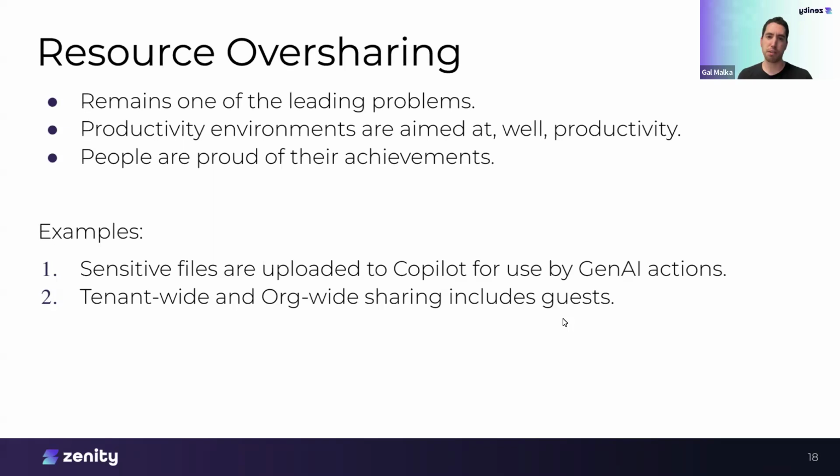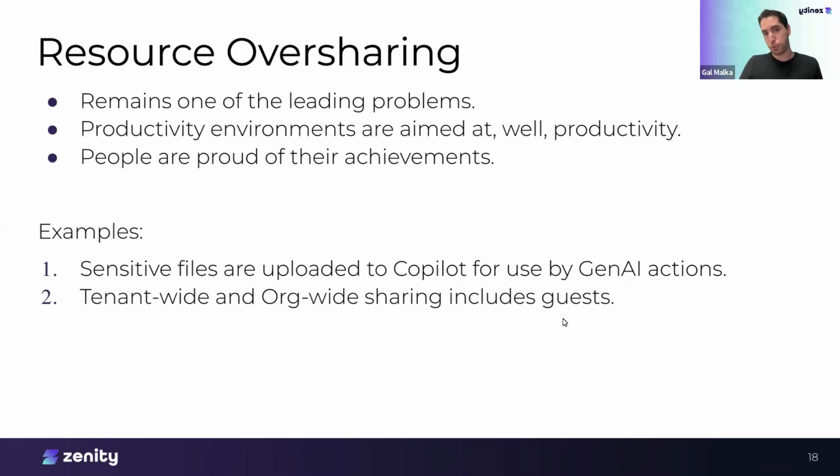These extensions could be built by any user in the organization, and the purpose of these extensions is productivity. And when someone in the organization builds a plugin which is productive and helps them in their day-to-day, they may want to share it with their coworkers, with their teammates, maybe with the entire tenant if it's that good.